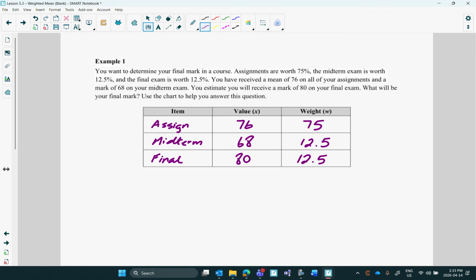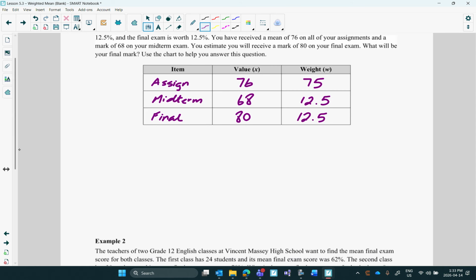To figure out your final mark, or your weighted mean, you multiply all these pairs together and add them up. So it's 76 times 75 plus 68 times 12.5 plus 80 times 12.5.